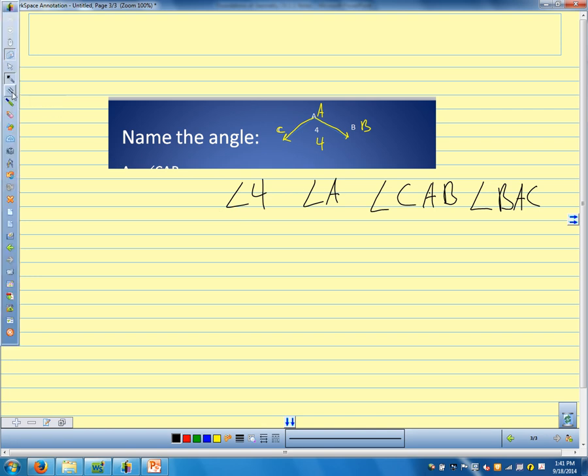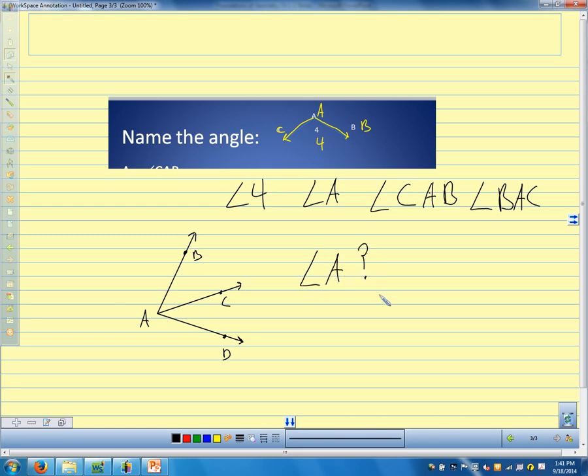So let me ask you another question. I'm going to draw a picture of an angle here. Can I call this angle, can I say angle A? If I have a couple of yeses and a couple of no's. How many angles have A as the vertex? All of them?